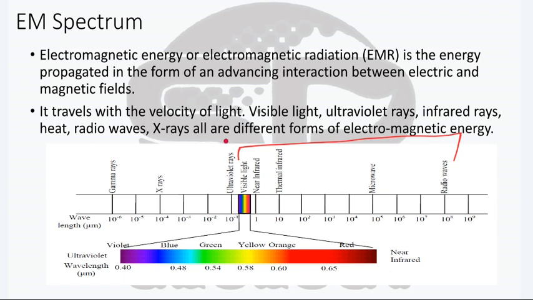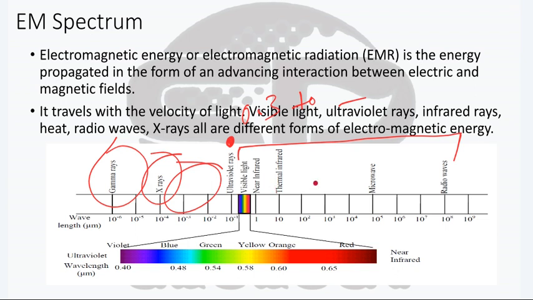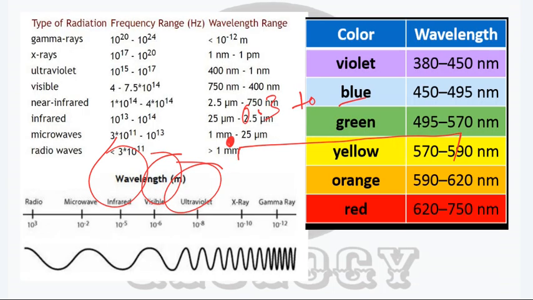I will see that in the next slide. Gamma rays, X-rays and UV rays are not used for remote sensing because they are harmful for animal and human health. So these are used for remote sensing: visible light, infrared, microwave, radio wave. Everyone got it?